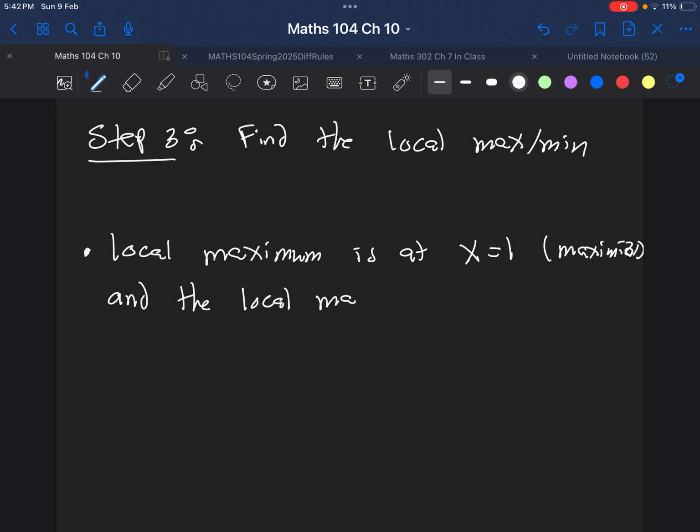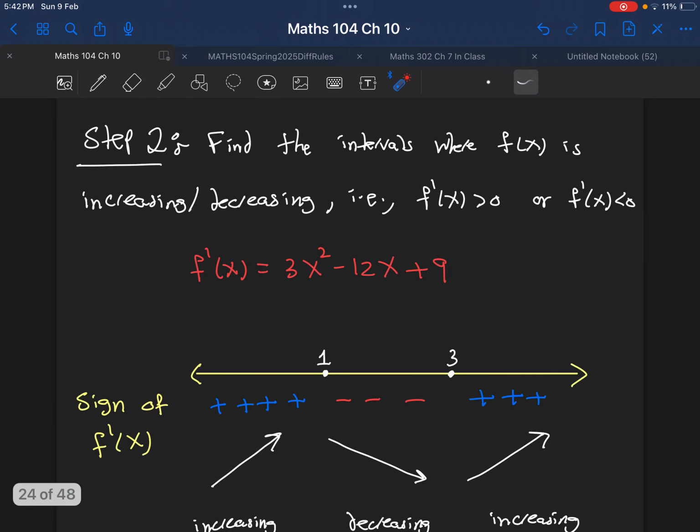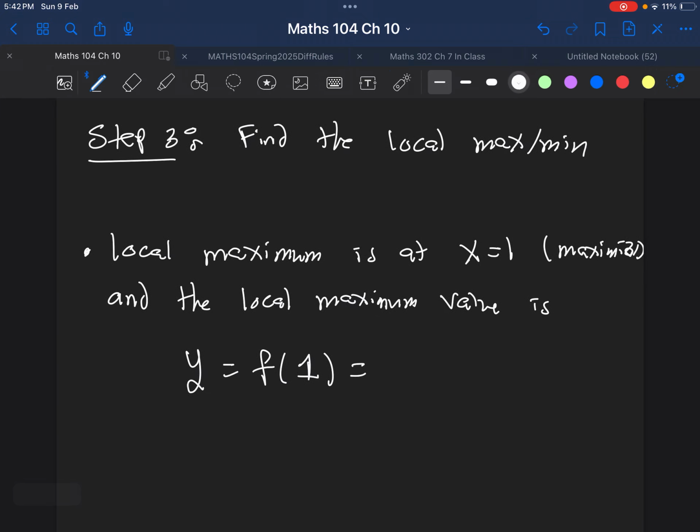And the local maximum value is y equal f of 1. We just substitute 1 into the function, and the answer will be 5.